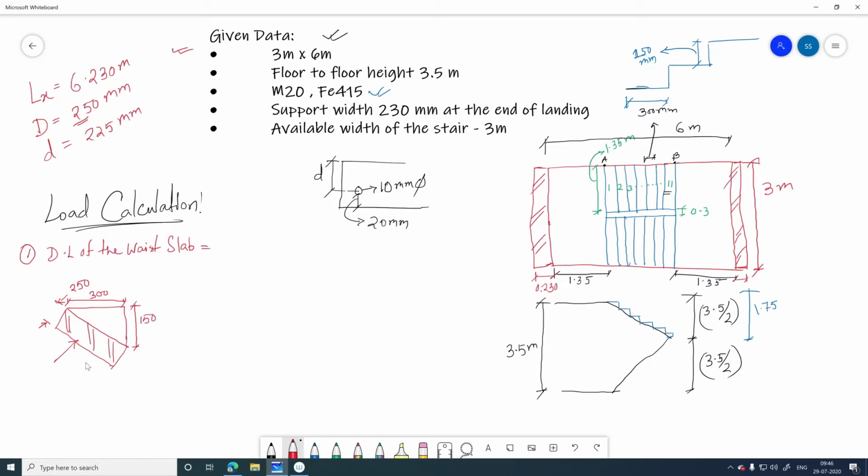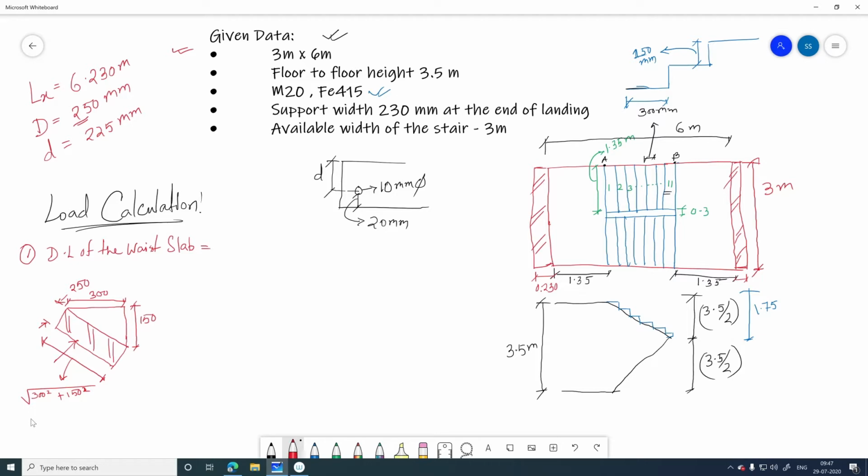So this one is 300 and the riser value, this portion is 150, right? So if you consider this as a triangle, this is 300 and this is 150. So what will be the value of this? This is nothing but root over of 300 square plus 150 square.